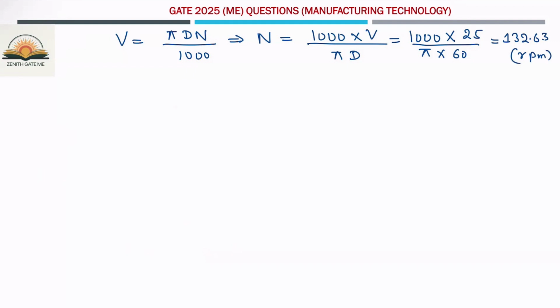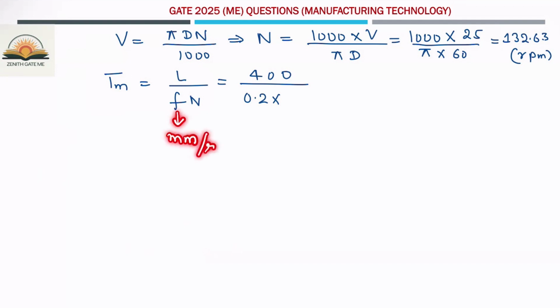So can you calculate how much machining time is required per piece? So L by F into N, where L is the length of workpiece, which is 400, and the feed value is given as 0.2. Now, the RPM value you have calculated. If you multiply F and N, this is millimeter per revolution, and this is revolution per minute.